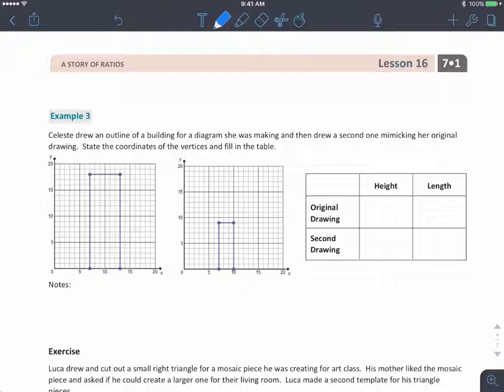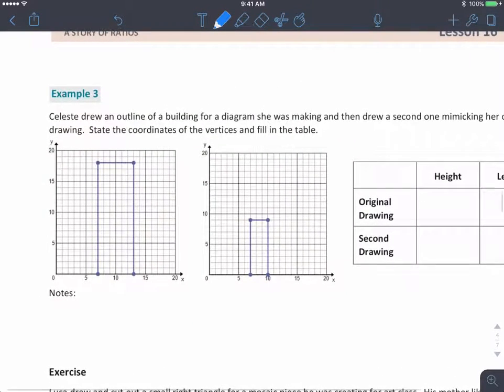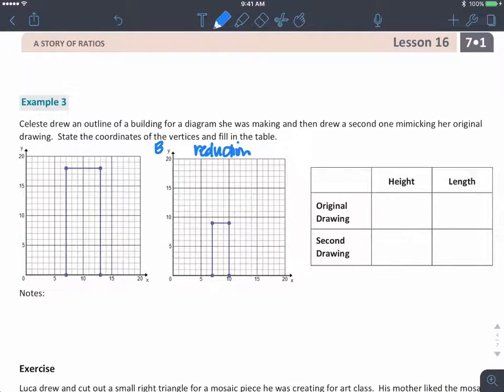Well, before we get into that, if A is our original and B is the next picture or the scale drawing, we could call B a reduction, right? So we reduced our original picture. Okay, so let's see. State the coordinates of the vertices and fill in the table.